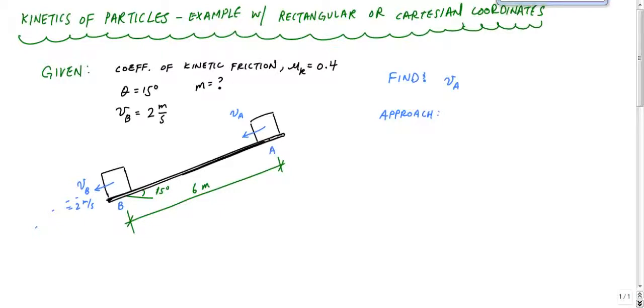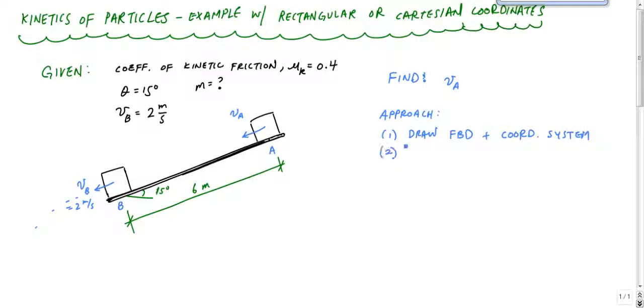The way we're going to go about this problem is, as you can imagine, you're going to draw a free body diagram of this right here. It's really important that you draw a free body diagram and establish that coordinate system, paying particular attention to the coordinate system we use and how we define positive.